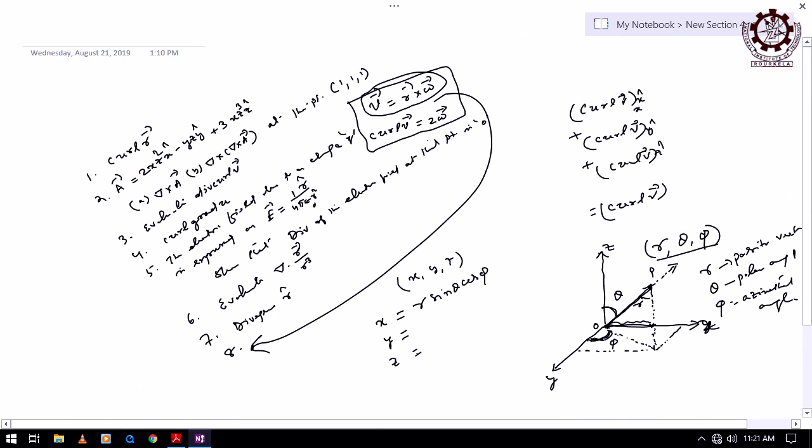Then what about phi? Because that is in space, the point is in space, not in a plane. This projection, the xy plane is this one. So, if you drop a perpendicular to that, then which is the projection?